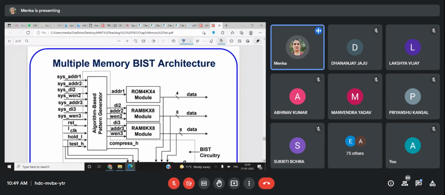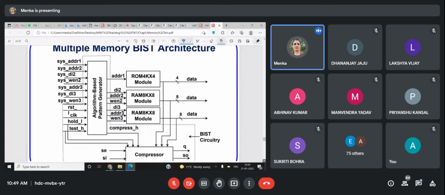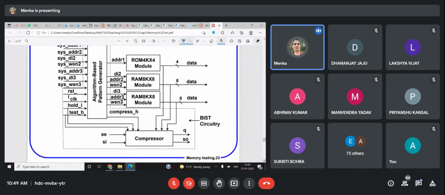In the multiple memory based architecture, the memory modules are more, as we did the same thing with multiple CUTs. Here the BIST is one, but the memory modules are more, and for all these memory modules you have one BIST. For example, let's say in your system you have 4 RAMs.